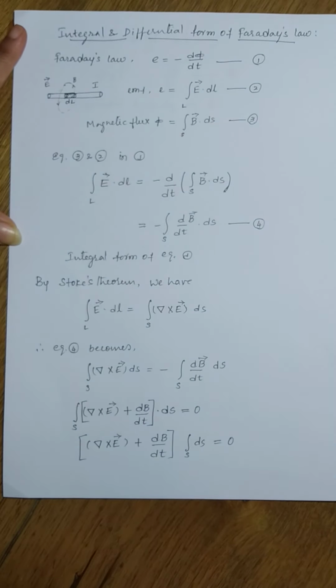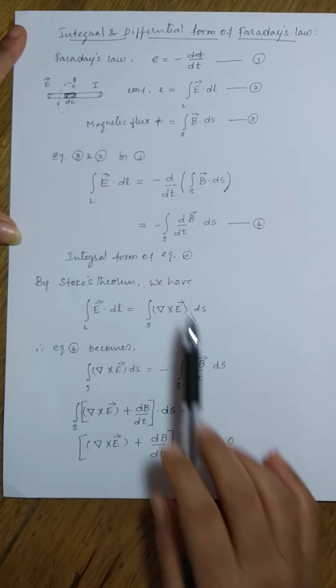In this equation, the left hand side represents the circulation of the electric field E around a closed path of length L, where L is the length of the current element.